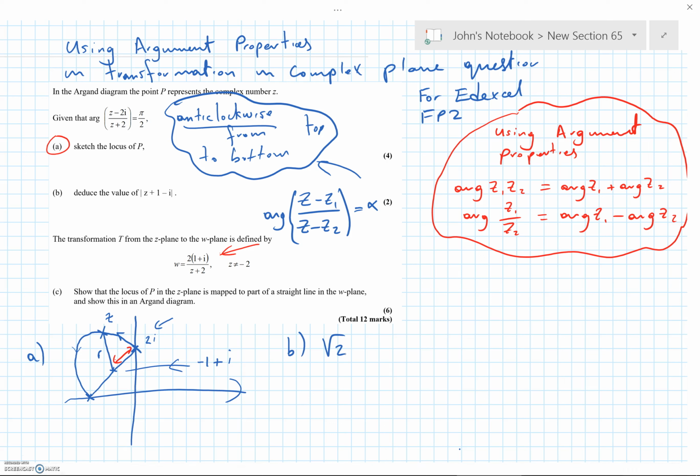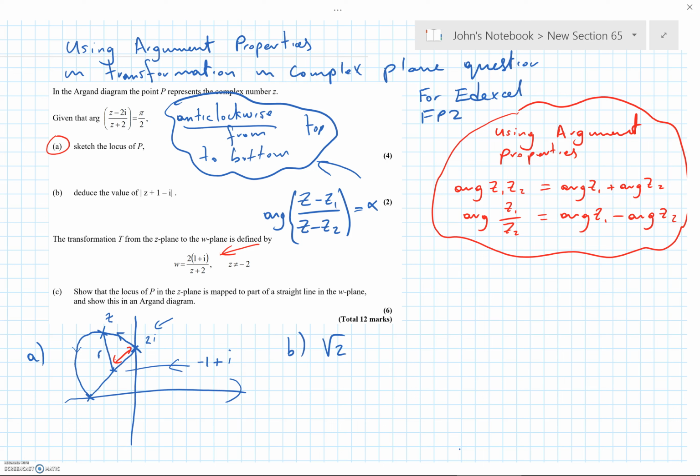Don't worry about the i's or anything really. It's just a circle in a Cartesian plane. We're using complex numbers here, but essentially we're just using Pythagoras: 1 squared plus 1 squared is equal to 2, and square root that.